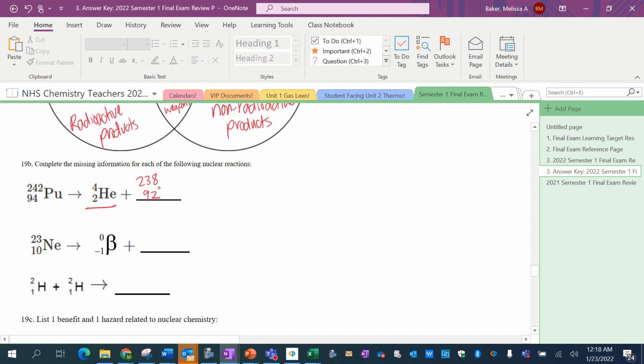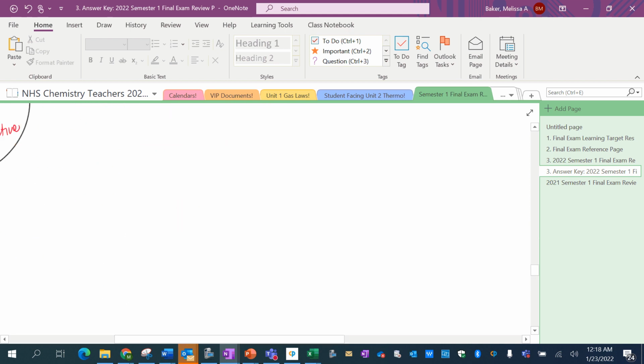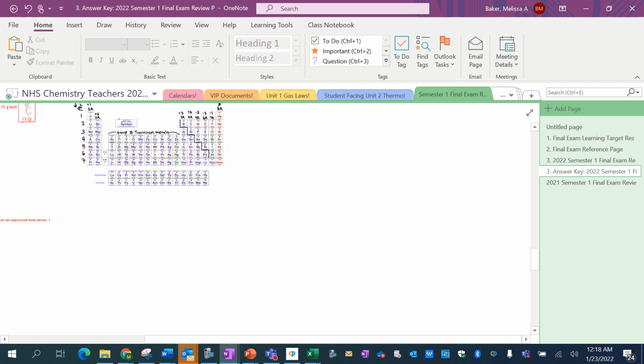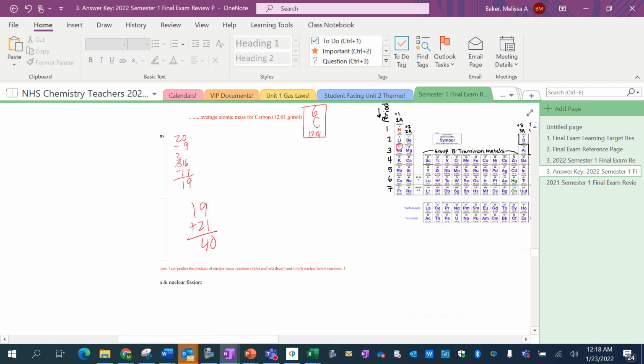And then we need to look up the new element that number 92 is, and it's uranium, because I just know that one. Beta decay, the mass is always the same, and the bottom number goes up by 1. So number 11 is sodium. You can use your periodic table up here to find out which atomic number it changes to.